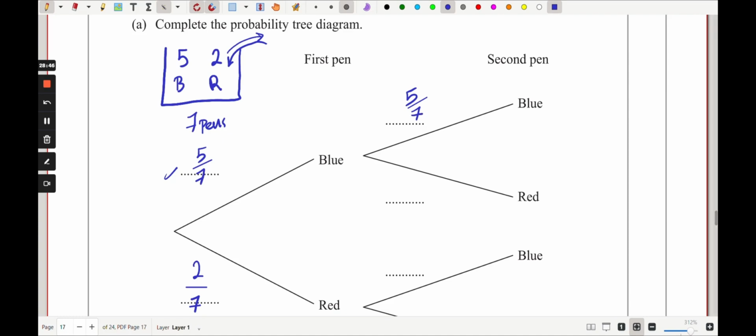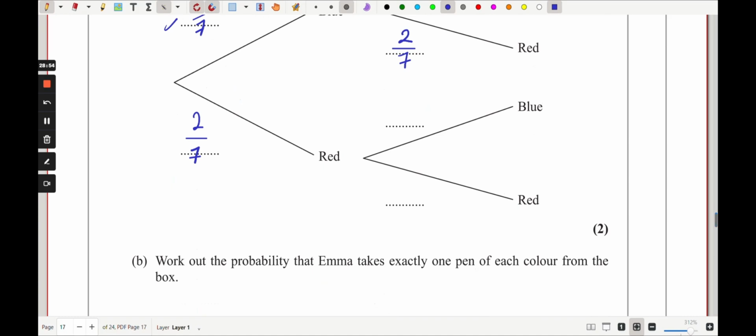First one was blue, the second one was red, it will be 2 out of 7. Here is the same, 2 out of 7 red, the second one is blue, so 5 out of 7. Red and red, so 2 out of 7.